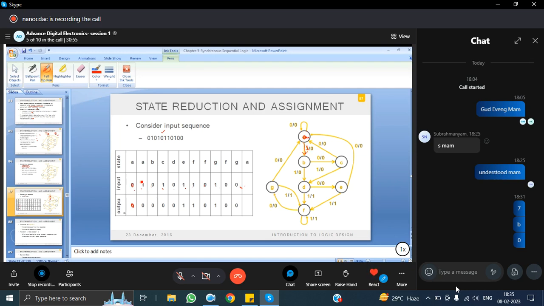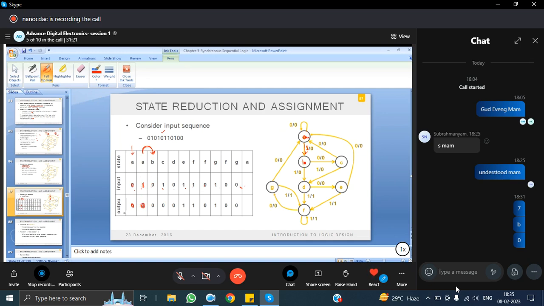It is going to the next state B. With input 0 only, it will remain in the present state. Input is 1, so from A it is going to state B. It is changing the state, but the output is 0. Okay, now tell me.